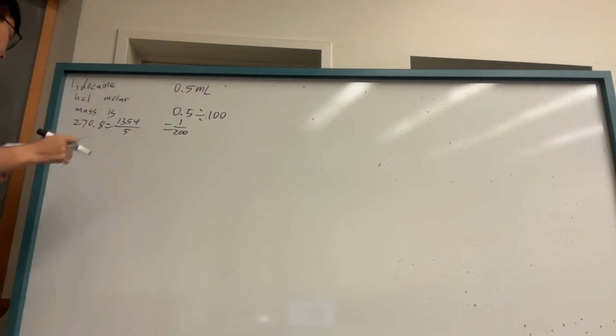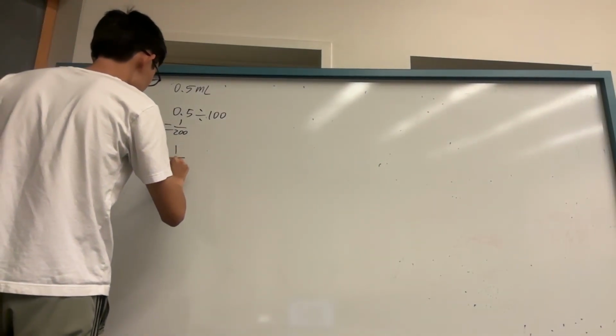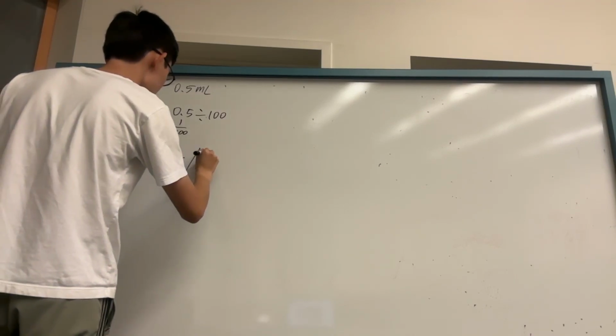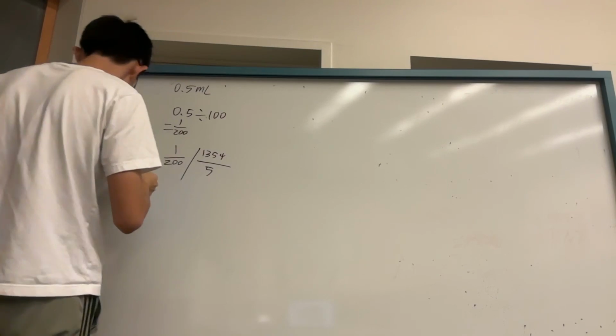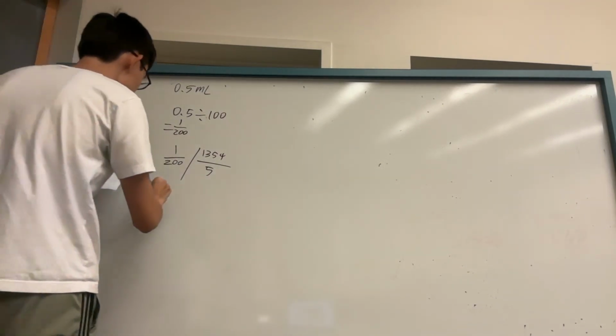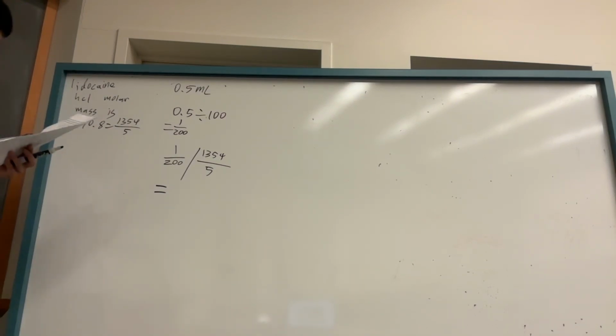Hopefully you can all agree on the math. And you know the drill by now. Remember how to divide fractions? Dividing by a number is the same as multiplying by its reciprocal.